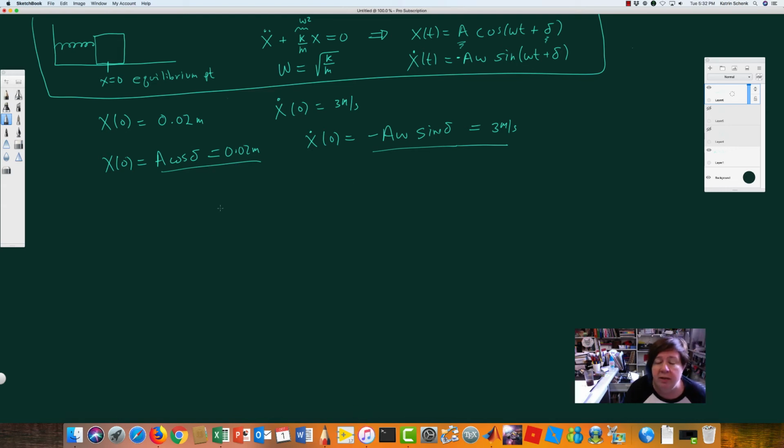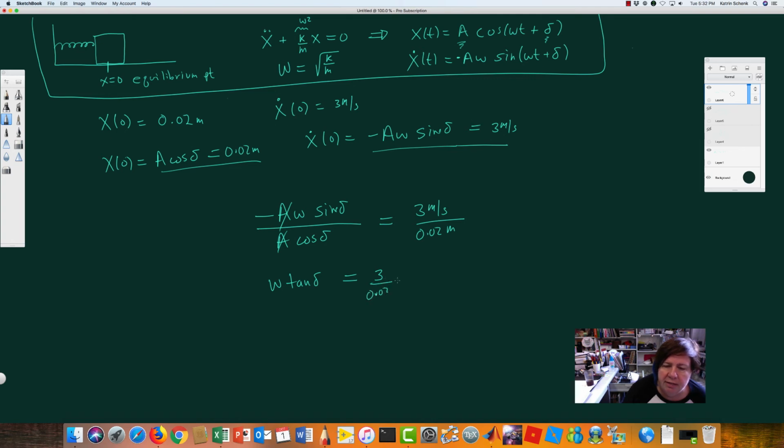So what would I do? I would start with just dividing one equation by the other. So I would take this one and divide it by this one. So I'm going to have minus a omega sine delta over a cosine delta, and that's going to be 3 meters per second over 0.02 meters. And I can cancel out my a.